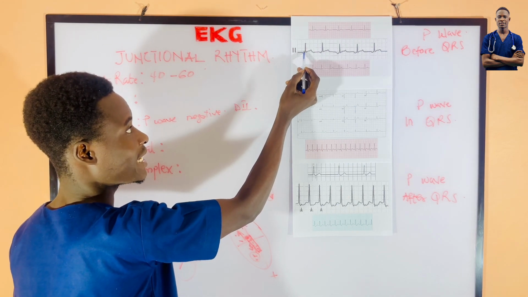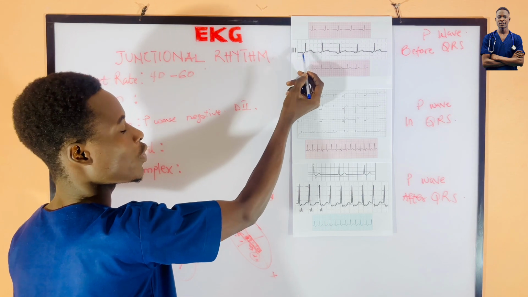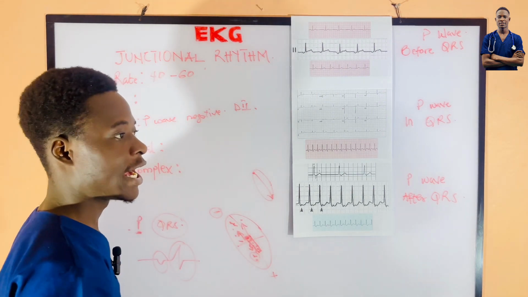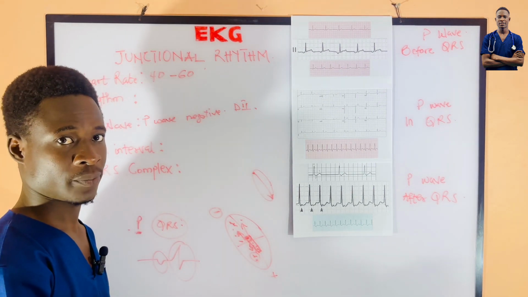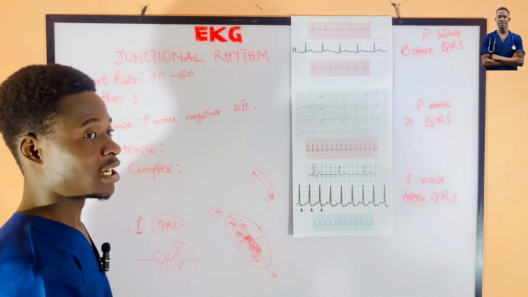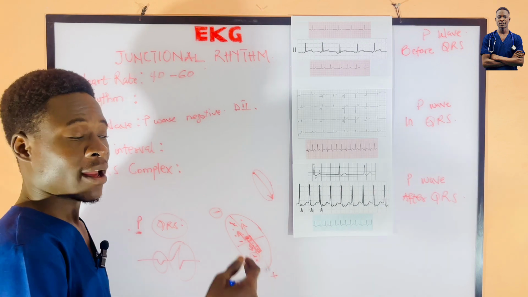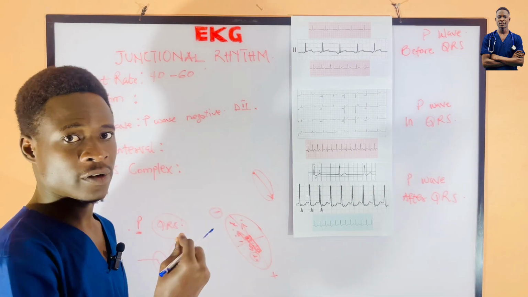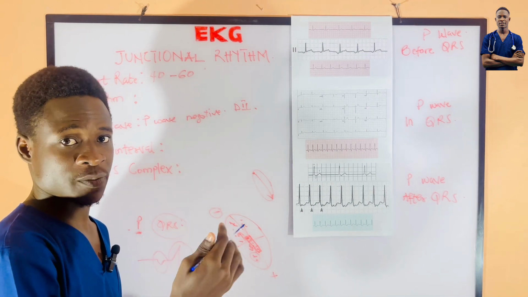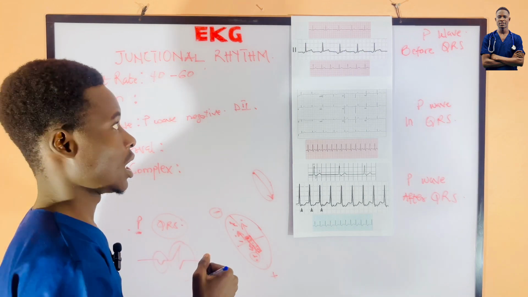So it must tell us that we have a junctional rhythm. And this junctional rhythm, the electrical activity, was generated at the upper part of the AV node. Do you understand? Or the first portion of the AV node. Are we clear with it?